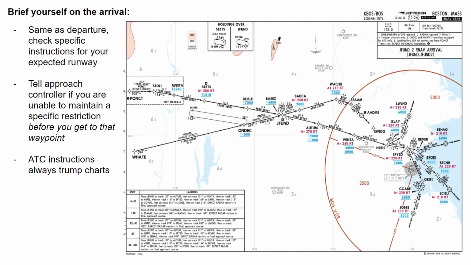So this is usually for, if you're flying a Cessna and you're coming into Logan, which isn't unheard of, and you're coming in from the west, then you're not going to be at flight level 240 at Minsta, right?